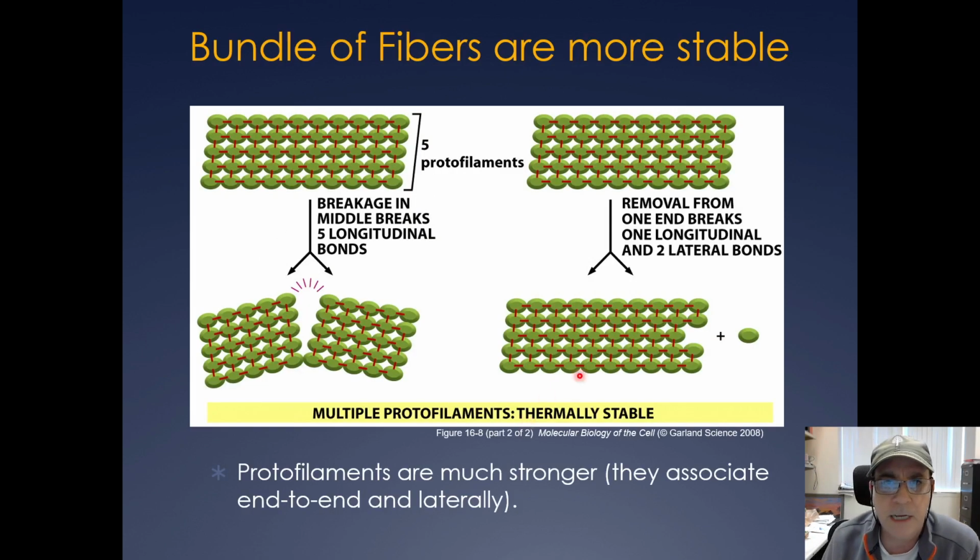And you can see that here, where if you have a bundle of fiber with many protofilaments together, they're a lot harder to break. You can add in loose things on the ends, but clearly this isn't going to break as easily. And you guys can all appreciate that pretty well.